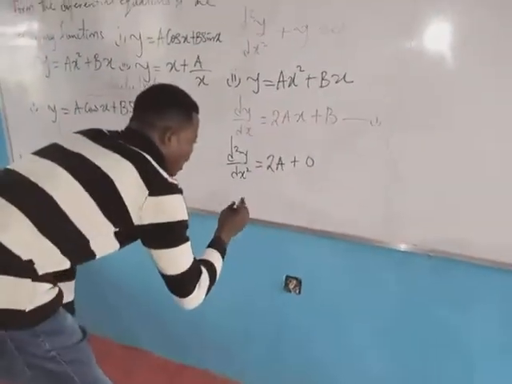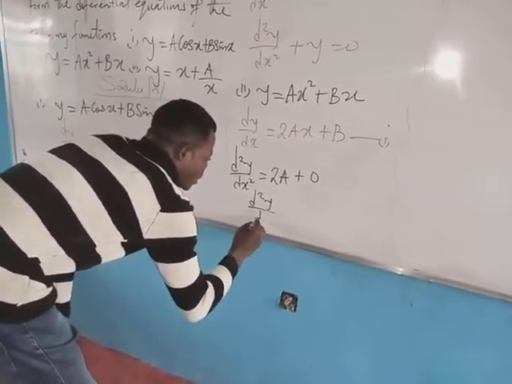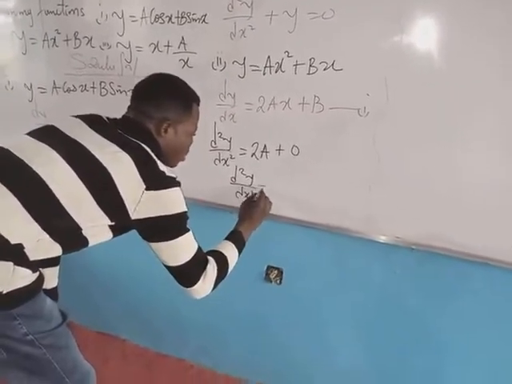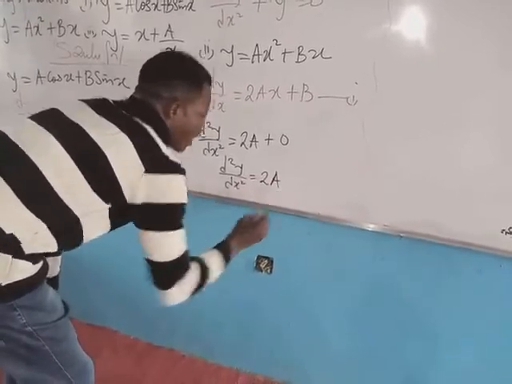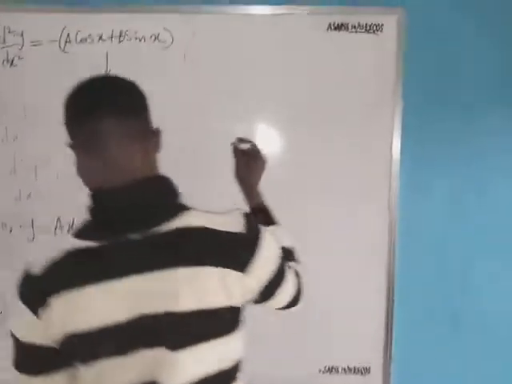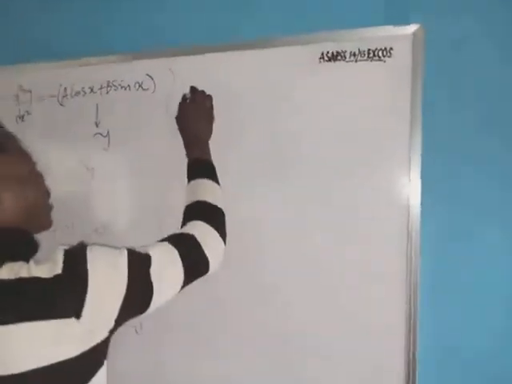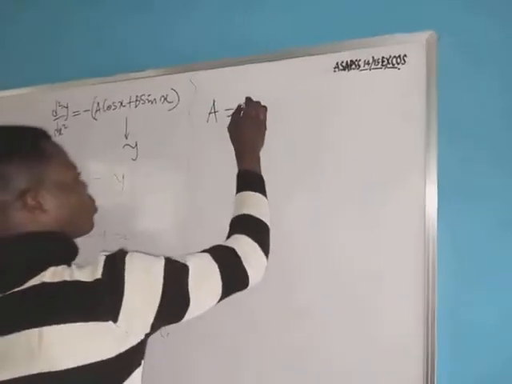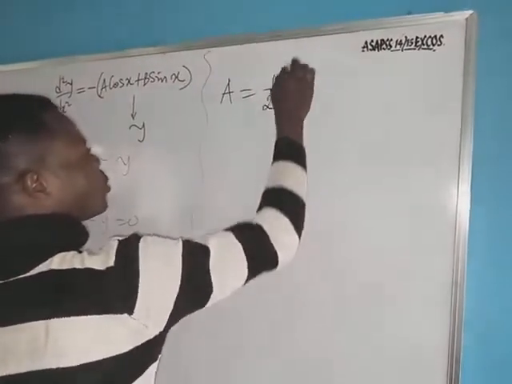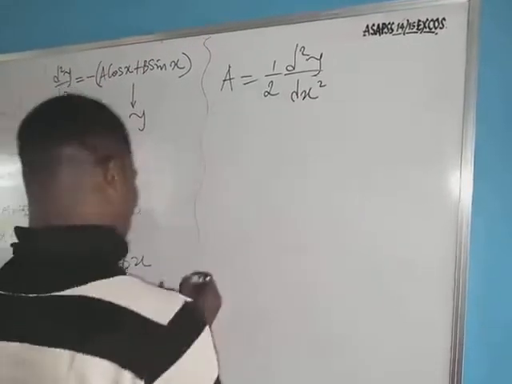You agree with me that here I will have d squared y by dx squared equal to 2a, and when you divide both sides by 2, we are going to have a equal to 1 over 2 d squared y by dx squared.